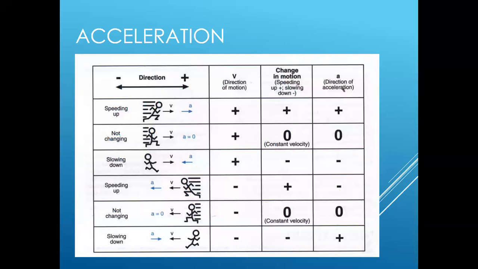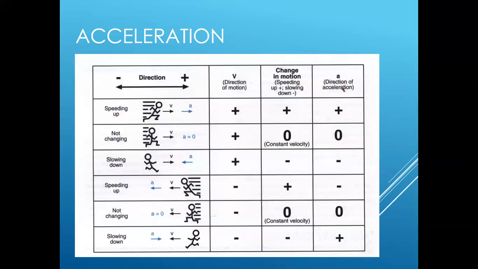What gets a little more confusing for students and even for instructors is when the movement is in the negative direction. If someone is running and speeding up in a negative direction, their direction of motion is negative, their change in motion is positive, therefore their acceleration is negative, based purely on direction in this case.